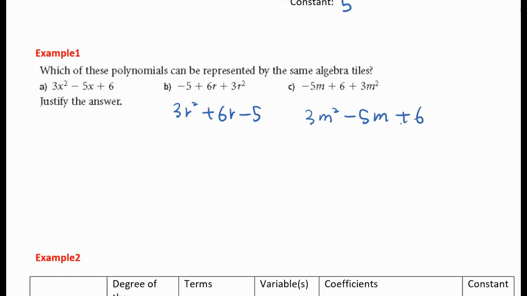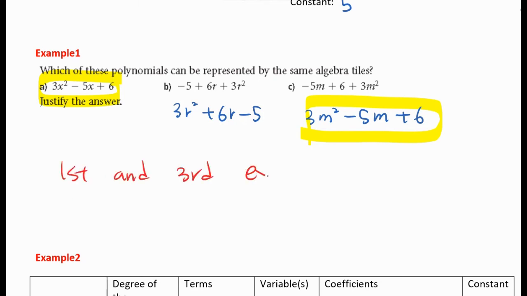So if we use algebra tiles, this one has 3 x squared tiles and 5 negative x tiles, right? And 6 positive tiles. This one, same thing. Okay? So the first and third expression.